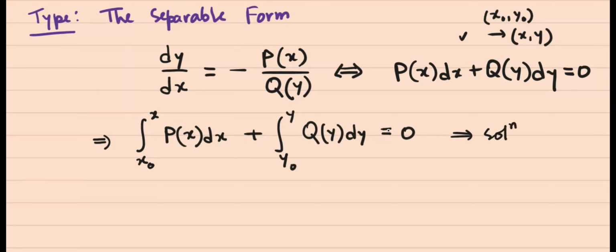Let us now explore an explicit example where this is the case. The differential equation that we desire to solve is indeed a separable form. The example we choose here is that of a falling object through a viscous medium which has quadratic drag.